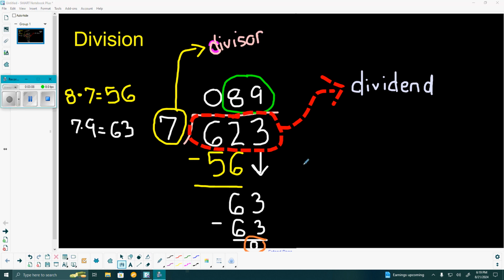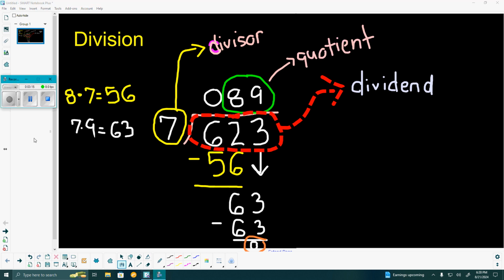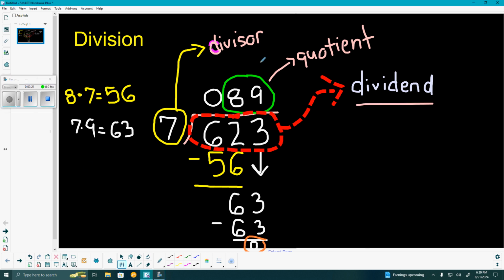And lastly, our answer is called our quotient. Pause if you need to write down those terms. Please write down dividend, divisor, and quotient. Pause the video right now because in just a second I'm going to change to practice a new problem.